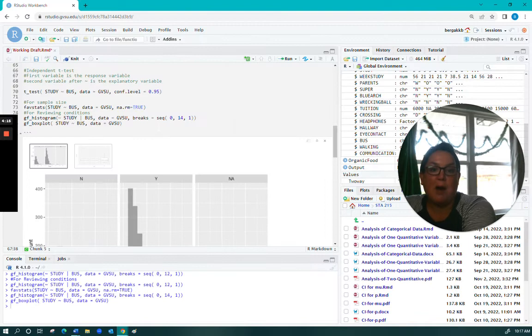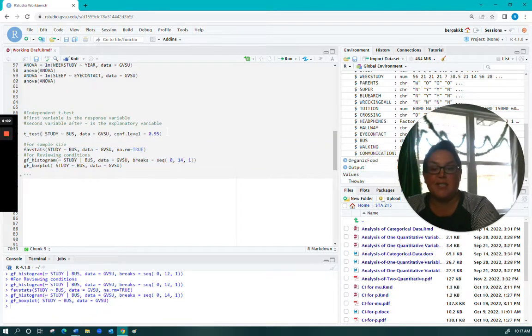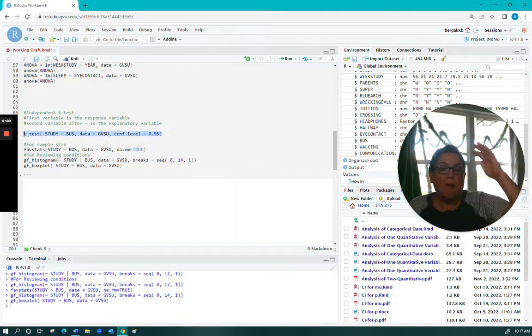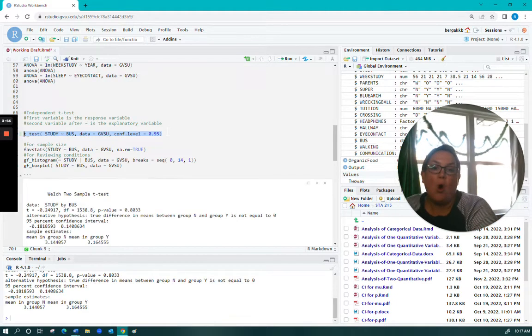So let's pop into R, and here you'll notice that I have some code that we've used before to do our reviewing of conditions. And this first one is the t-test, which is going to do basically the whole executing calculations for us. When you do this, you want your first variable to be the response variable, and then the second variable is the explanatory variable.